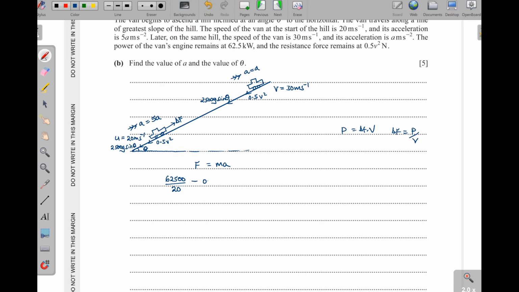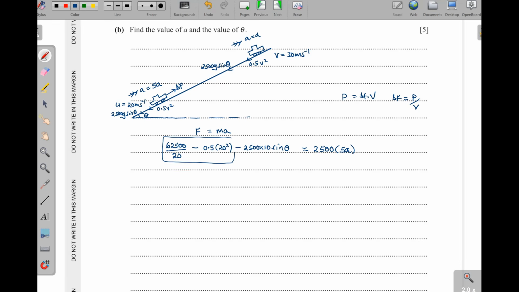So we have 0.5 times 20 squared, then minus mg sine theta. Then this will be equal to the mass of the van, 2500, times the acceleration, which is 5a.